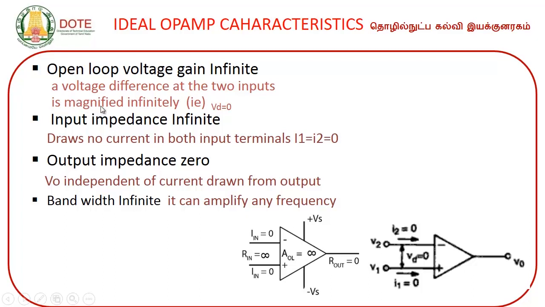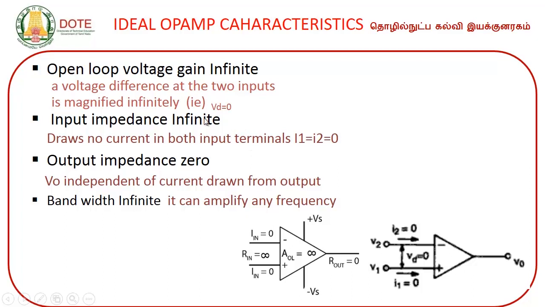So what does it mean? That means the operational amplifier has to amplify the differential input voltage, the differential voltage between the inverting and non-inverting inputs, to a very high gain, that is infinite. So ideally the open loop voltage gain, differential voltage gain, is infinite.